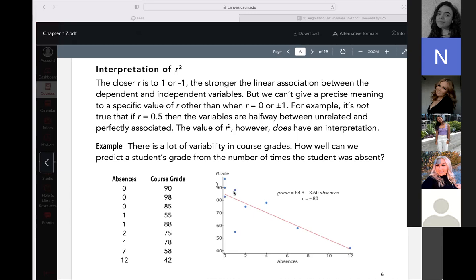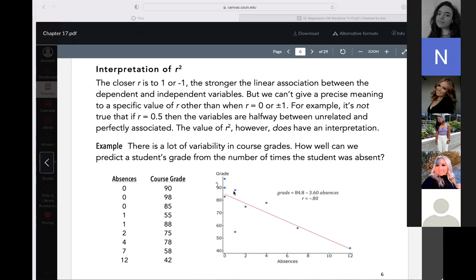There's lots of reasons why people's grades are going to be different, but our study here only takes into account one of those reasons. What's the only reason that our study is studying as to why people get different grades? Absences. But there are other factors that we're not considering.